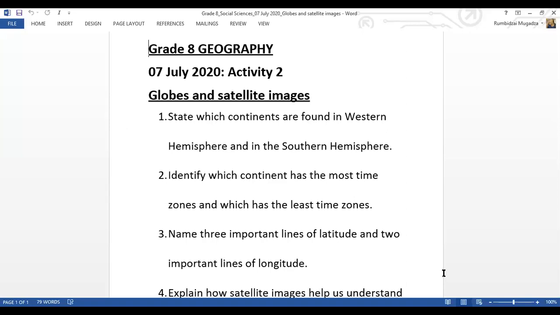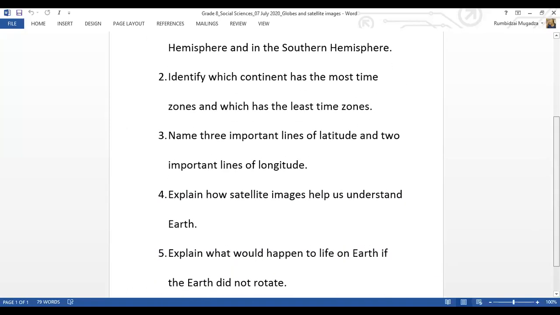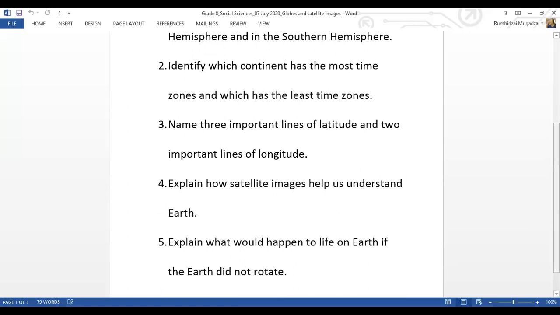Number 3, name 3 important lines of latitude and 2 important lines of longitude. Number 4, explain how satellite images help us understand the Earth.